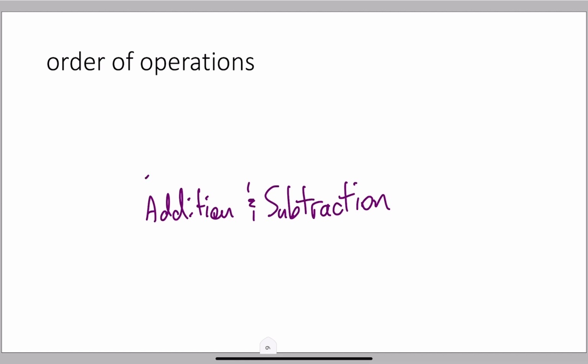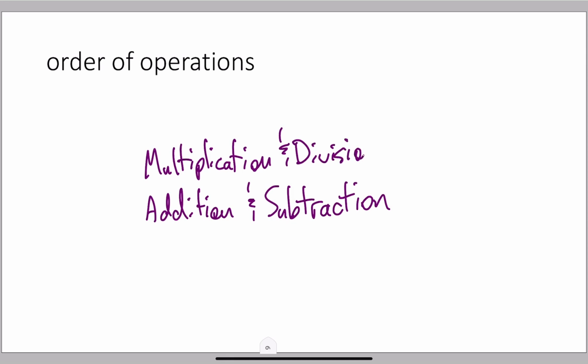So that means multiplication and division, they outrank addition and subtraction because they're more powerful. Now, what's more powerful than multiplication and division?